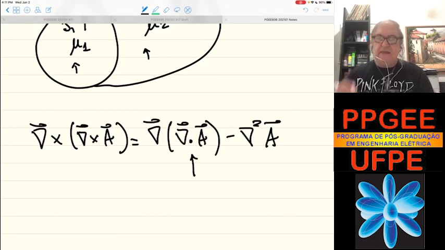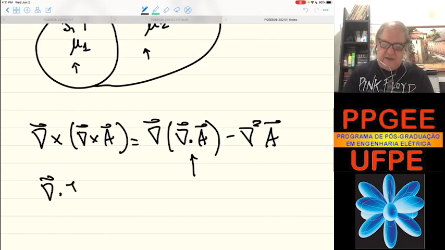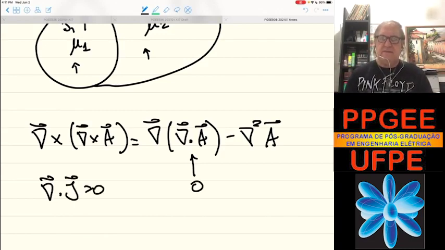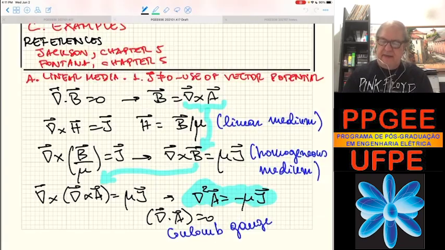We demonstrated that for stationary currents, the divergence of A is equal to 0. We did that in a previous class. So we have curl of curl equals minus Laplacian.